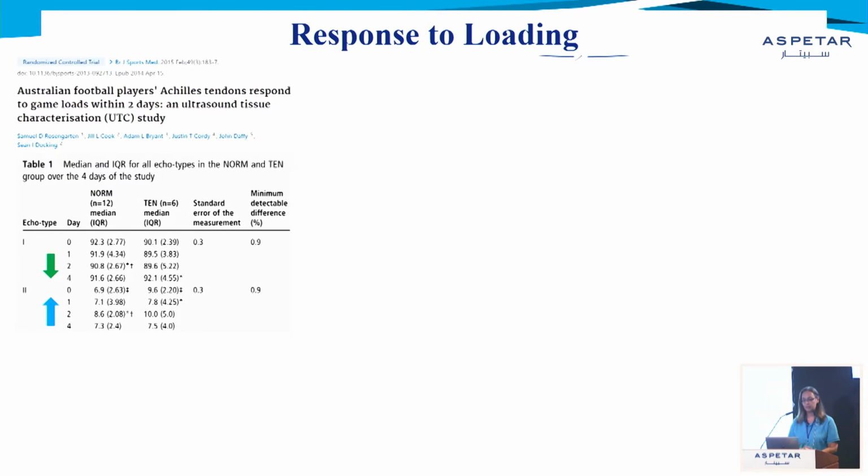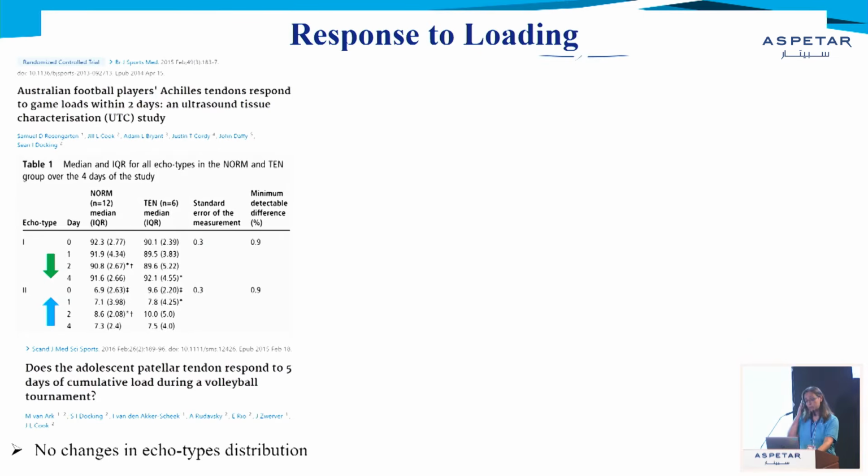One of these studies, with Australian football players, observed the Achilles echotype distribution at baseline, 1 day after the match, and 2 days after the match, and found a decrease in echotype 1 and an increase in echotype 2. This has been called a reactive response to exercise. I call attention to the minimal detectable change, because the difference looked quite small to me, but for this study they observed significance already, as their minimal detectable change was quite low.